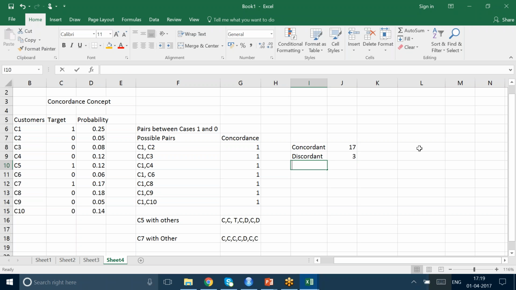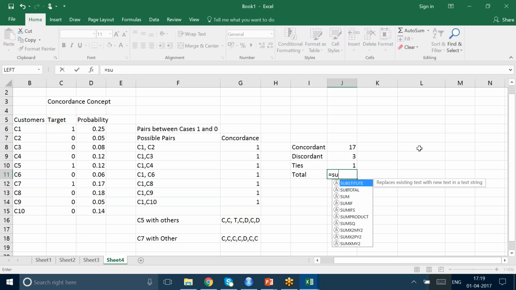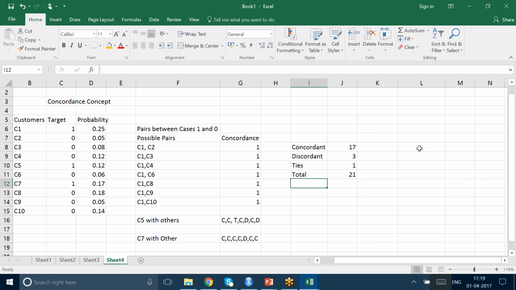How many cases of tie? 1. So total combination is 21. What proportion of things are correct? 17 divided by? What are wrong? And how much is tie?